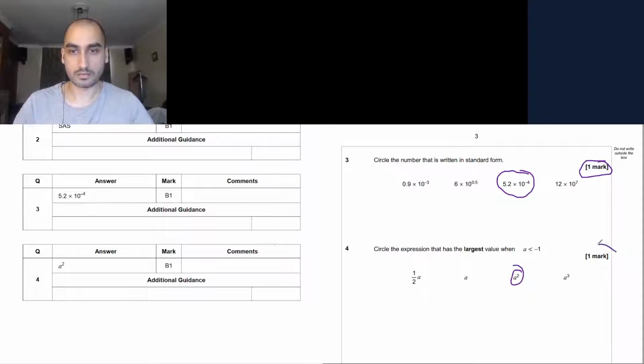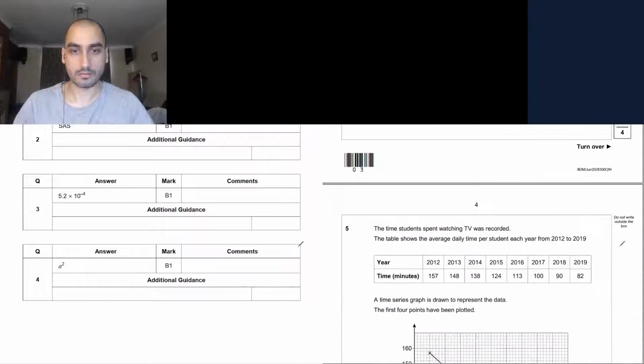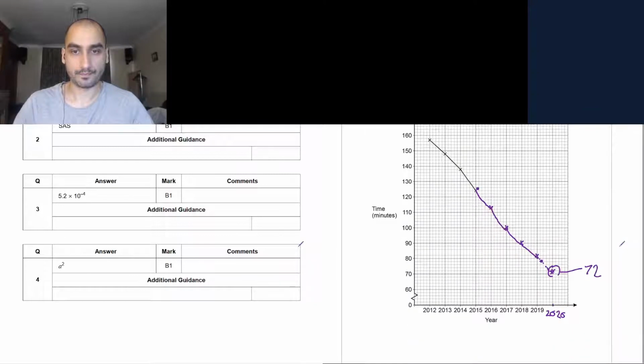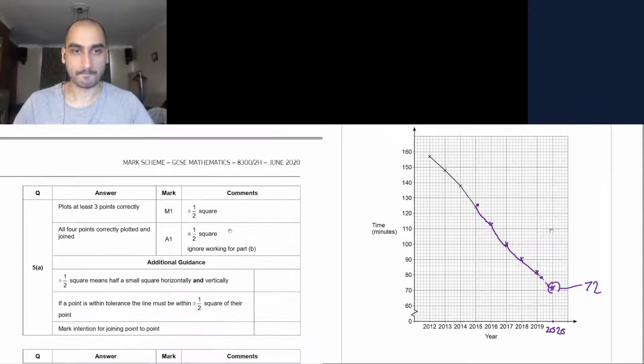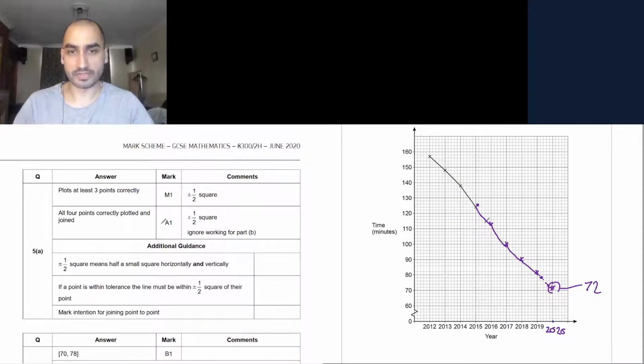A squared, correct. Plots at least 3 points correctly. I think I did that. All 4 points correctly plotted and joined. Yeah, they're joined.